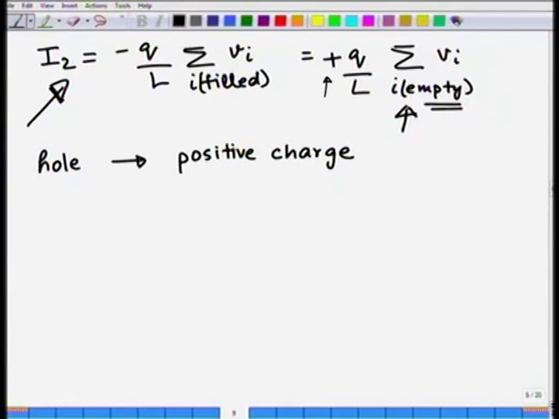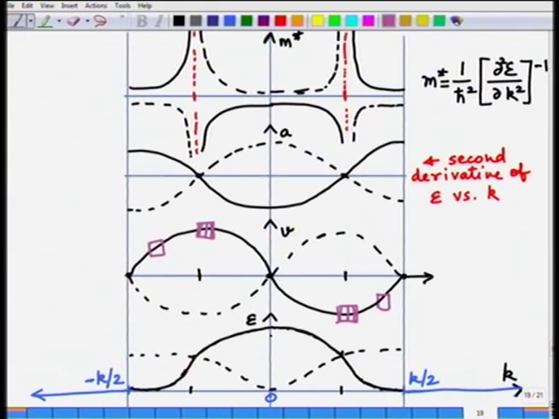Now, this is what introduces us to the idea of holes. Holes are imaginary quantities which help us in calculating the currents, which I would like to show you from this plot here.